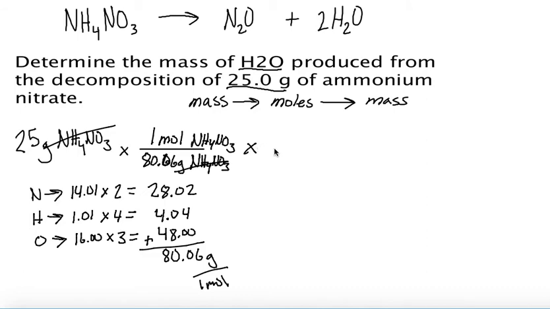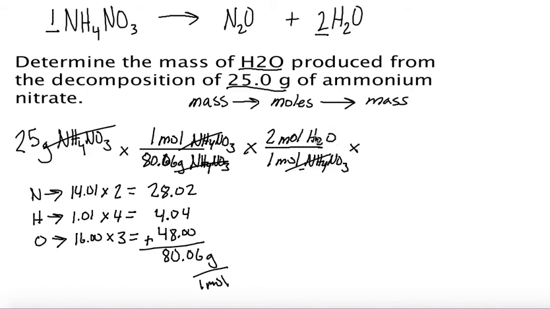Now I can go from moles of NH4NO3 into moles of water because I know that there's 1 mole of this for every 2 moles of this. So 2 moles of H2O for every 1 mole of NH4NO3. Moles of ammonium nitrate here will go away, leaving us with moles of water.